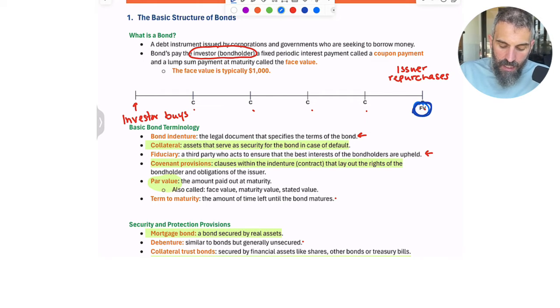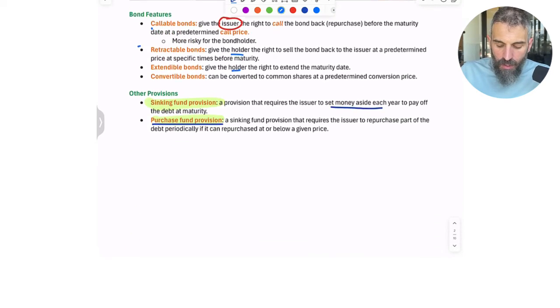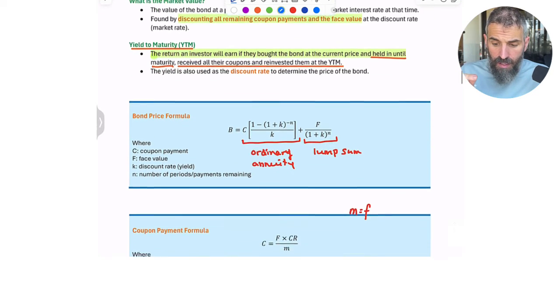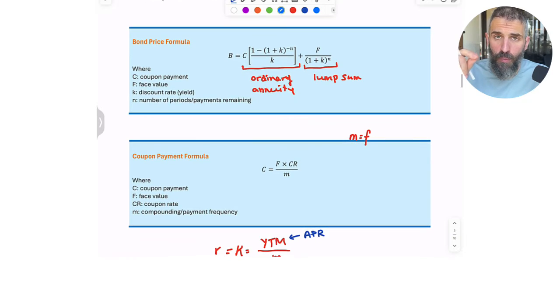Well, the way that they determine the periodic interest payments is by setting a coupon rate. So the coupon rate is simply the percentage of interest that the issuer will pay every year to the holder. And it's a percentage of the face value.